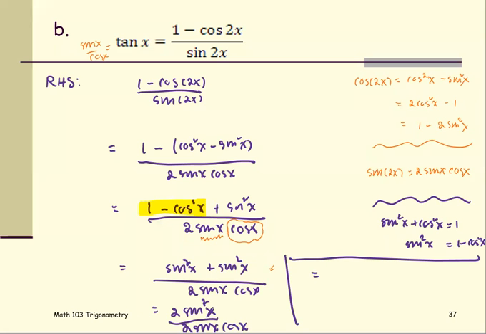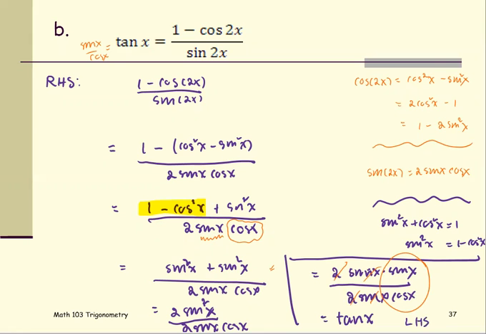And then we know that sine square x is sine x multiplied by another sine x, then divided by 2 times sine x times cosine x for the denominator. 2 and 2 reduce, sine and sine reduce. Therefore, we have sine x over cosine x, which is the same as tangent x, or the term on the left hand side. Now we are done proving.